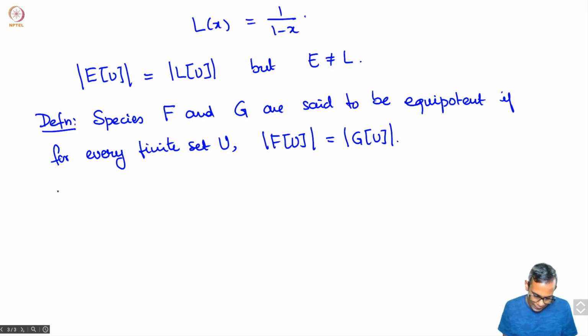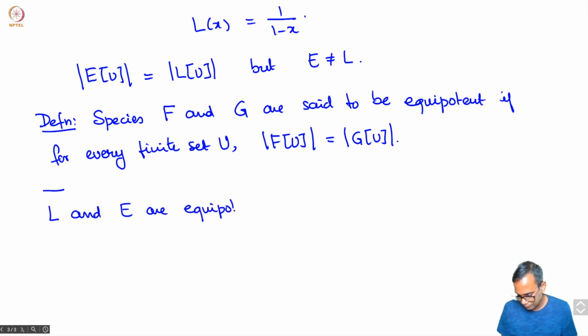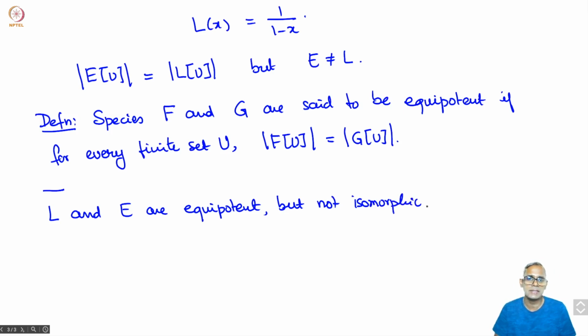So L and E are equipotent but not isomorphic. In fact, equipotence is exactly equivalent to saying that the exponential generating series of the species are the same.